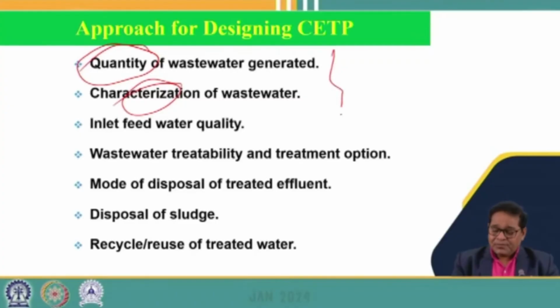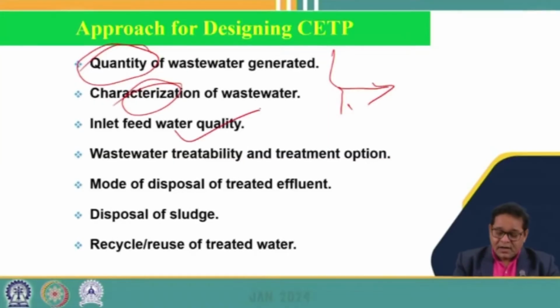After this, when all this wastewater is equalized in an equalization tank, what will be the equalized concentration of different pollutants present in the wastewater? All this has to be established before planning the design of a common effluent treatment plant.